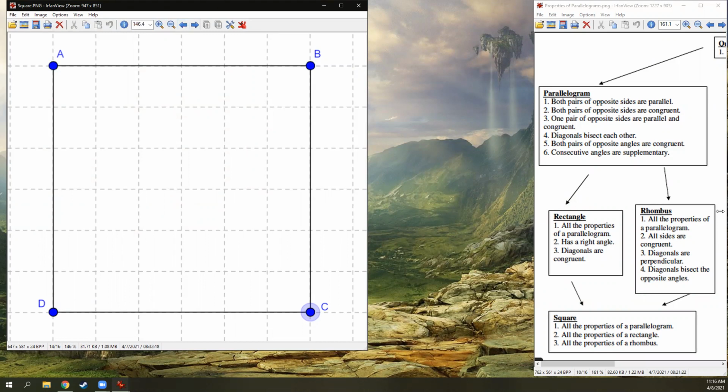Squares are really easy. Squares have all the properties of parallelograms, rectangles, and rhombuses.